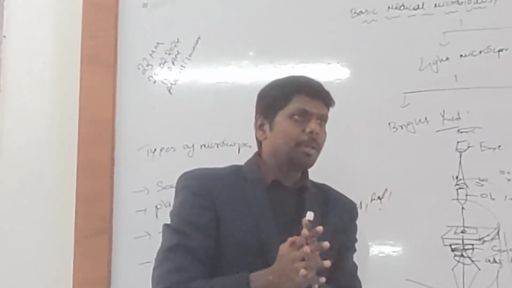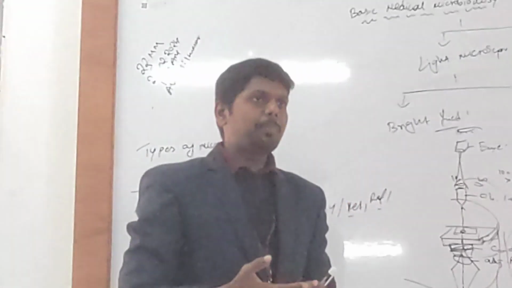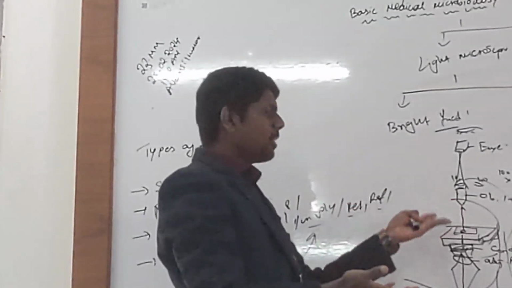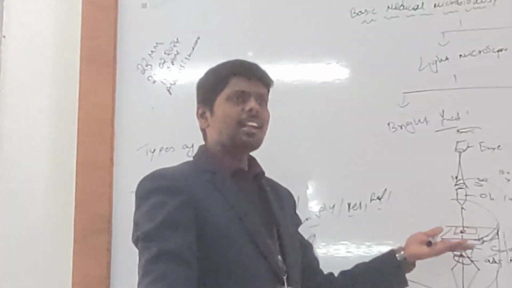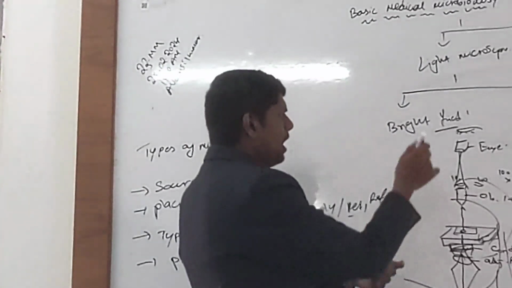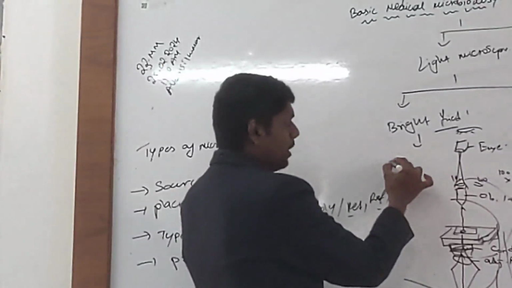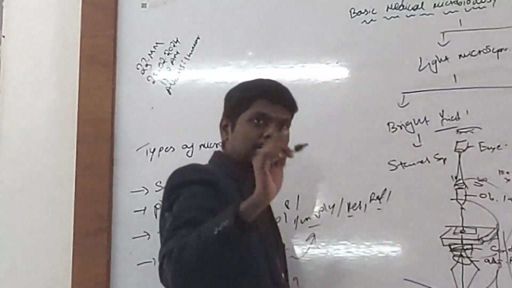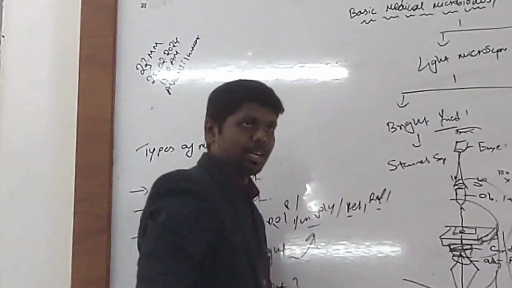Can we see the amoeba? We cannot see it. Why? It is transparent, and the background is also white, so we can't see it. So in bright field, only stained specimens can be observed.